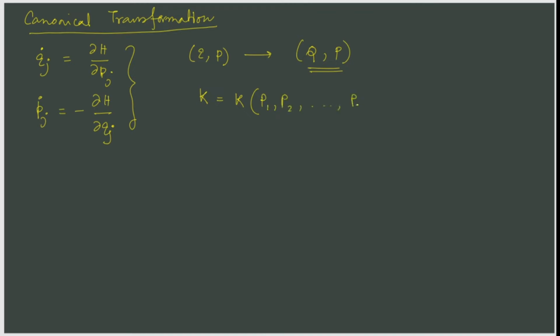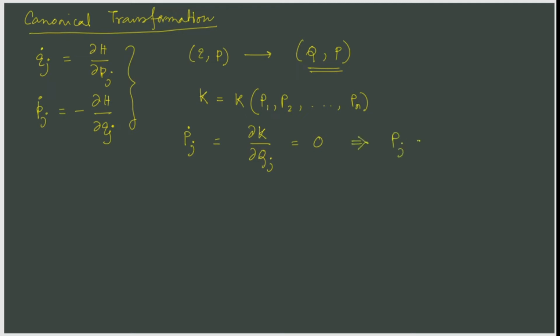In other words, the new Hamiltonian is completely cyclic in all the Q's. Suppose we can choose such a coordinate, then what happens? Then these equations become extremely simple. Because all coordinates are cyclic, we can immediately write the Pj dot. This is one set of equations, which is of course 0 because of the cyclic coordinates.